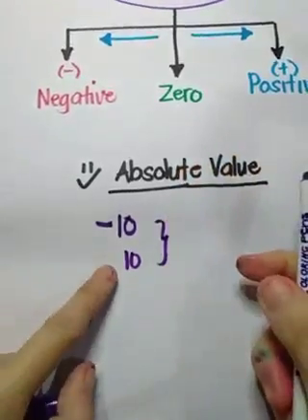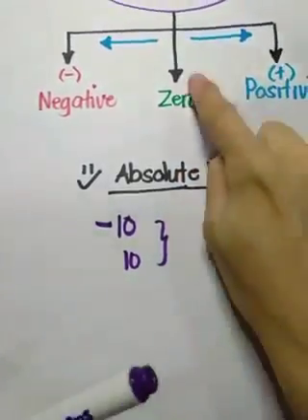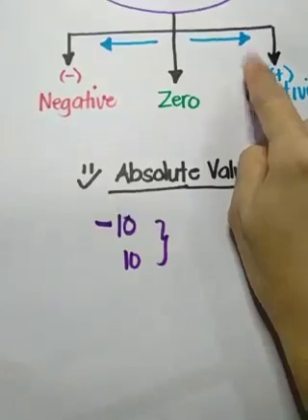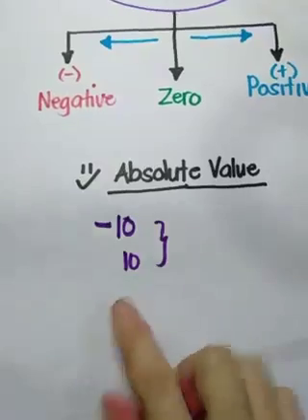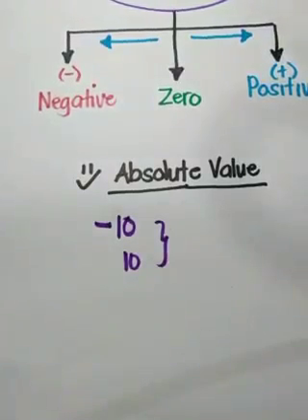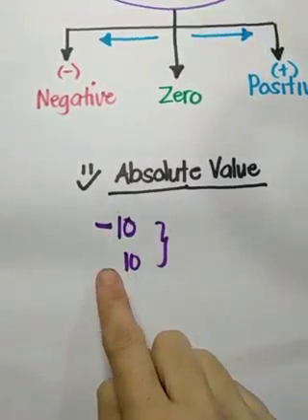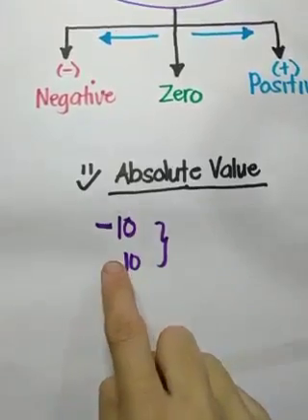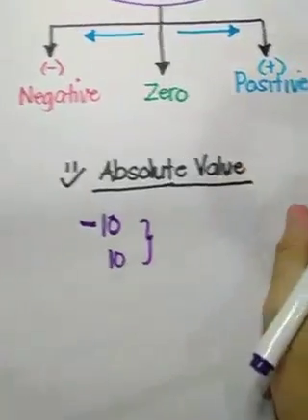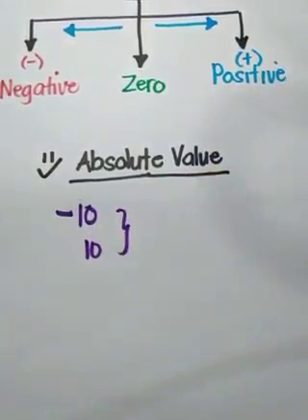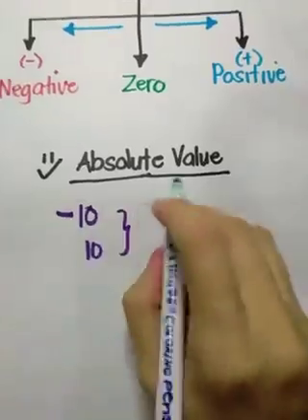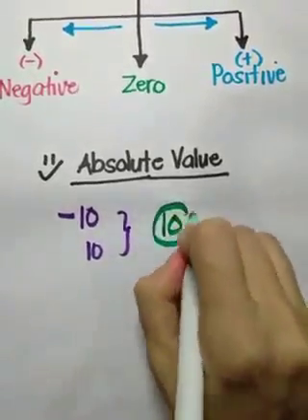They are opposite numbers, right? Because they are on the opposite side of zero, the positive side and the negative side of zero. Even if they are opposite numbers, they have different symbols or signs before them, the absolute value is the same. So ang absolute value sa 10 or sa negative 10 or sa positive 10 is just 10.